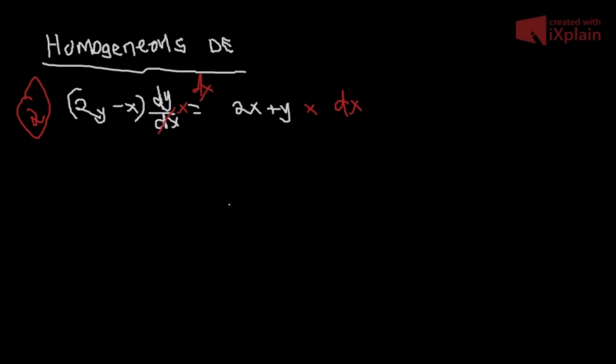Then from there, this and this will cancel, right? Then if I am to copy, 2y minus x dy is equals to 2x plus y dx, right? Then from there, what is it that we should do?